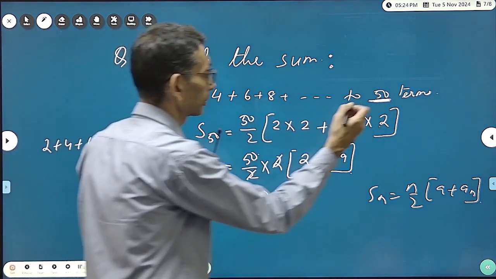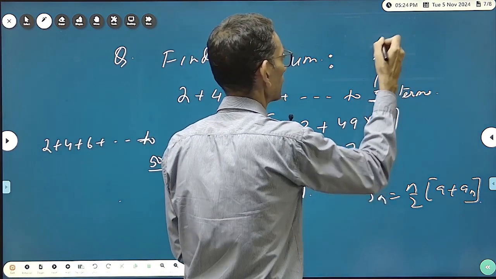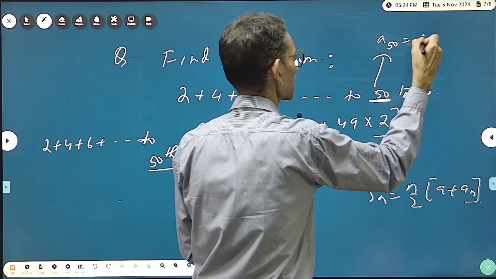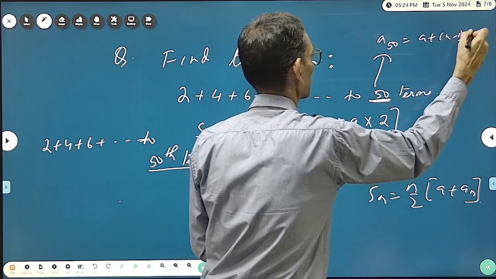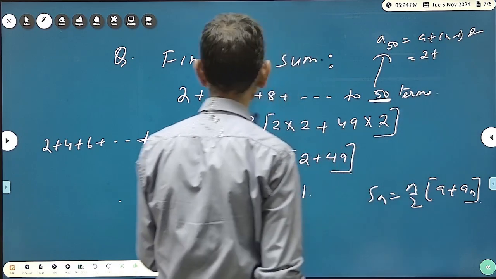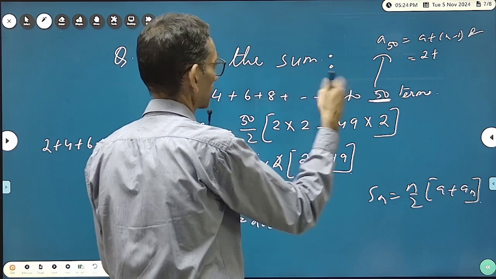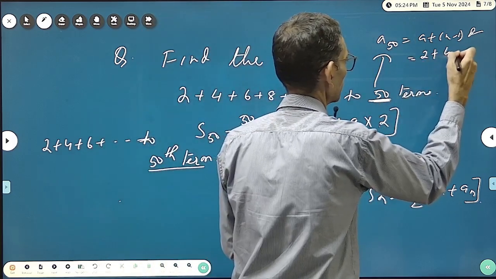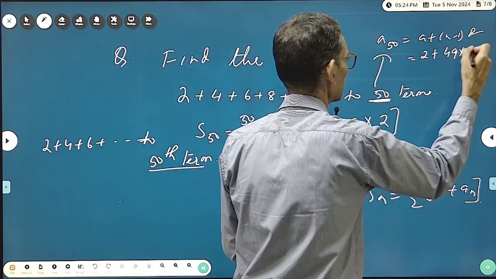So the 50th term, a50, is a plus n minus 1 into d. Here a is 2. n minus 1 is 50 minus 1, 49, into d. d is 2.